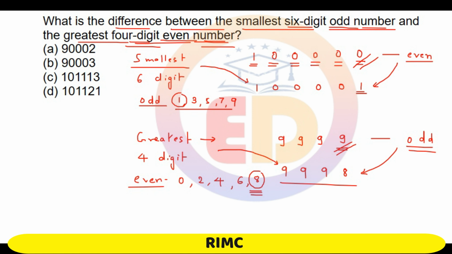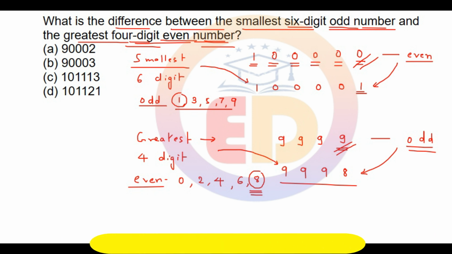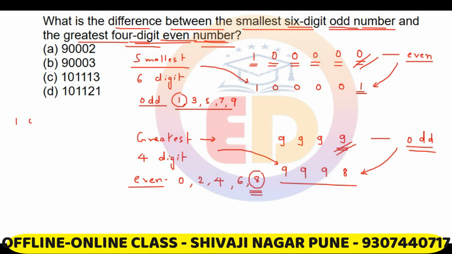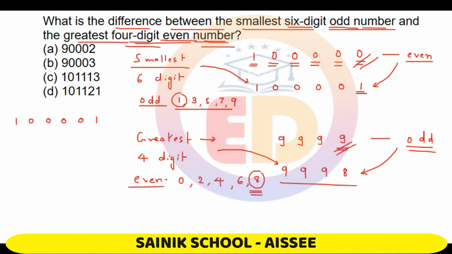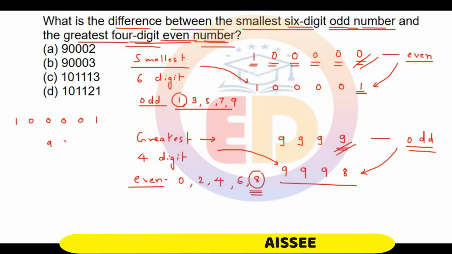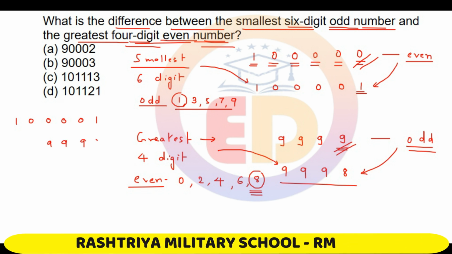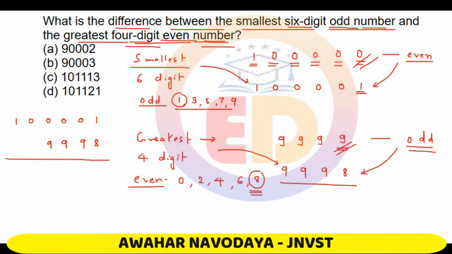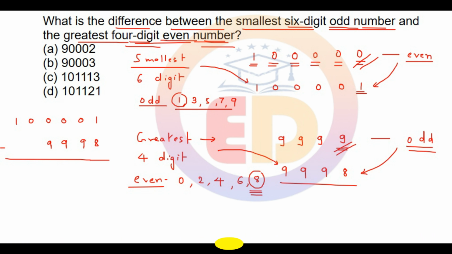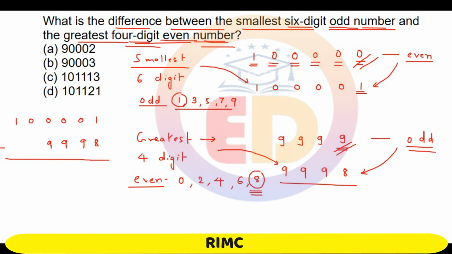And now, as per the question, they are asking for the difference. Let us take the difference of 1,01,000 and 9,998. Let us subtract them. On subtracting, I cannot subtract 8 from 1, so I will borrow.